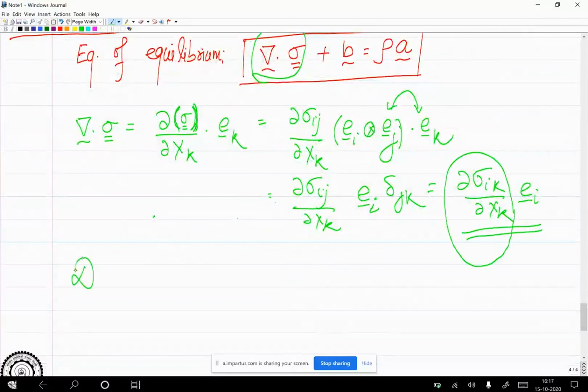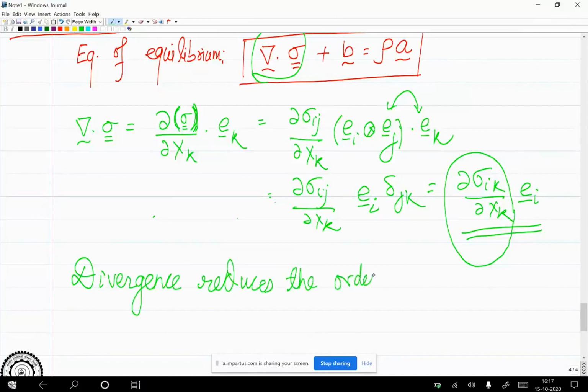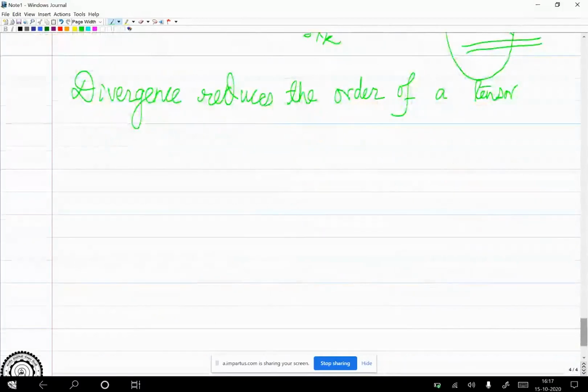So divergence basically reduces the order of a tensor. A second order tensor became a first order tensor, and when you do the divergence of a vector, it becomes a scalar. So this is about gradient and divergence.